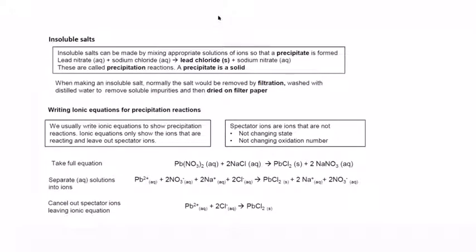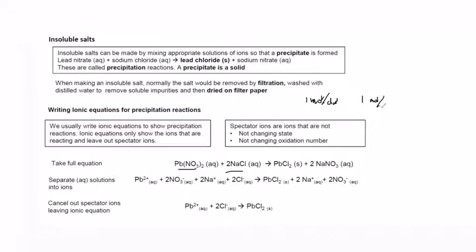For insoluble salts, this is also called ionic precipitation. By mixing two soluble salts, if a solid is formed, this type of reaction is called ionic precipitation. For example, you are mixing lead nitrate with sodium chloride. What we'll do is take equal concentrations. If the concentration of lead nitrate is 1 mole per dm cube, the concentration of sodium chloride should also be 1 mole per dm cube.